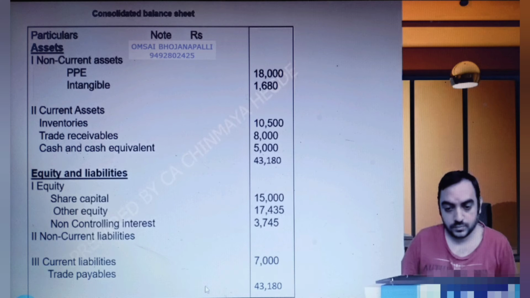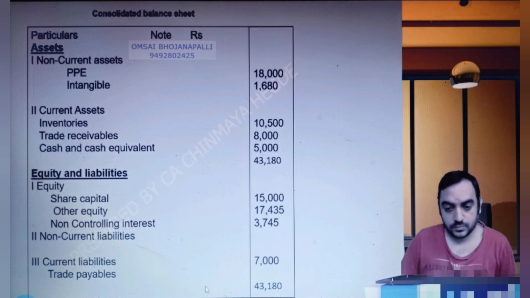What we should do first? Whatever dividend already paid first must be reversed. So P&L 6,500 what we have plus whatever already paid. How much dividend already paid? 20%.